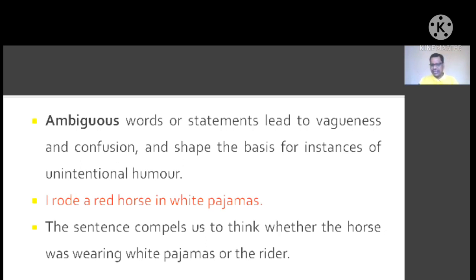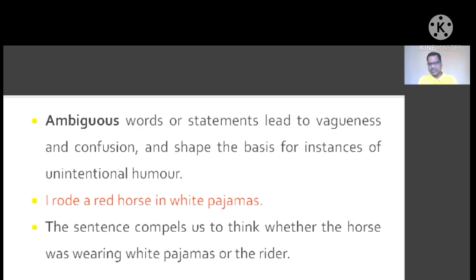Let us look at the following sentence here. I rode a red horse in white pajamas. See, the sentence is definitely a very humorous one. And that actually compels you to make more than one interpretation of the sentence.